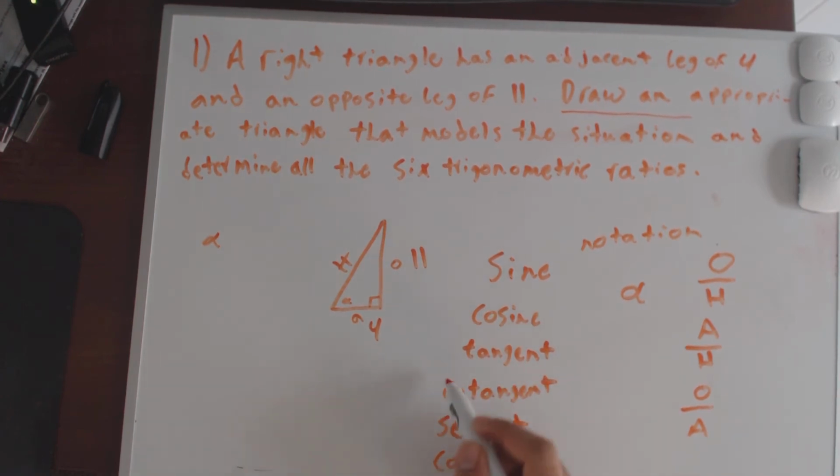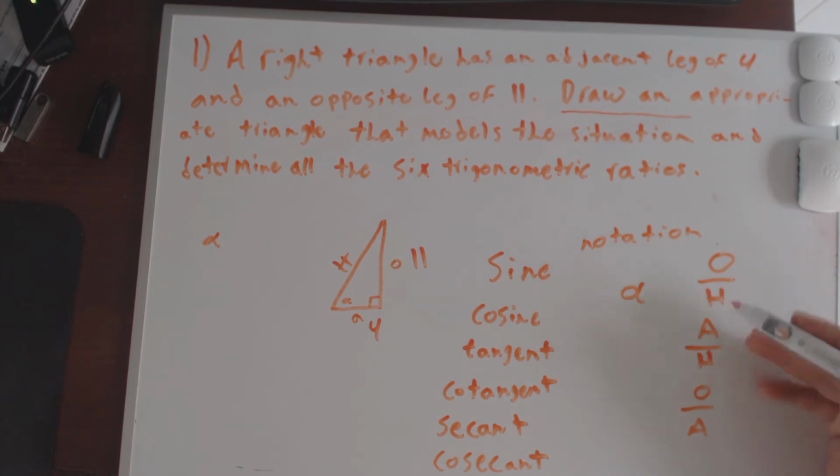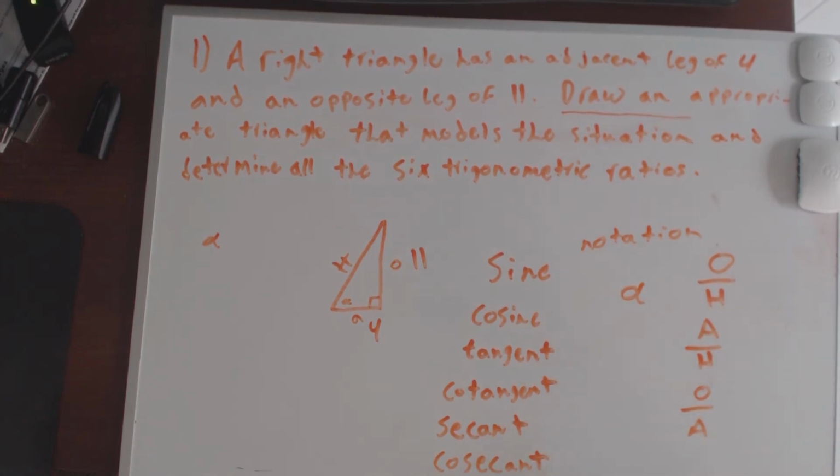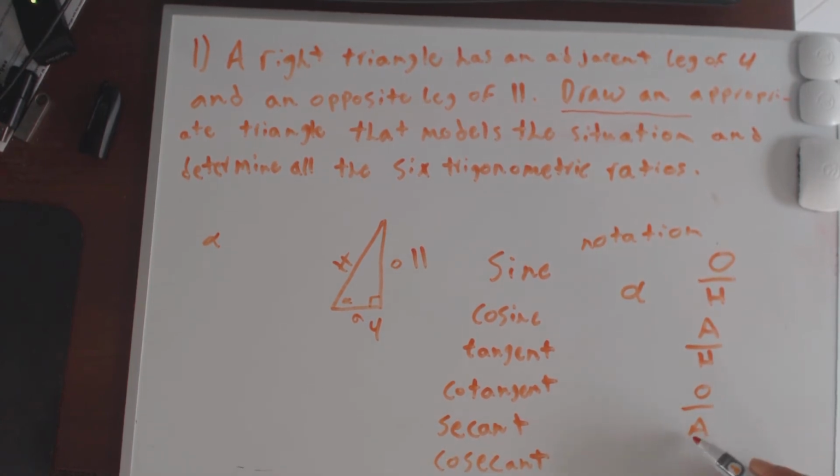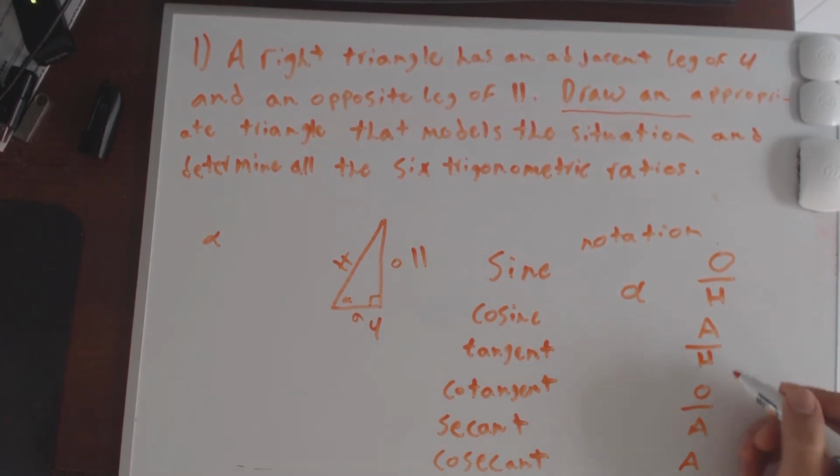And for the rest of those 3 ratios we will just flip the fractions. So for tangent it's opposite over adjacent. For cotangent we will make it adjacent over opposite, and for secant it will be hypotenuse over adjacent.